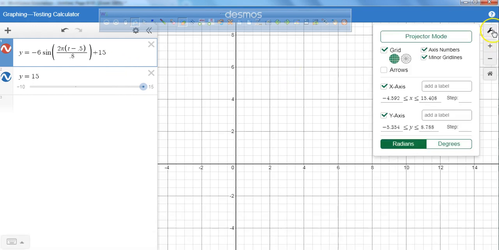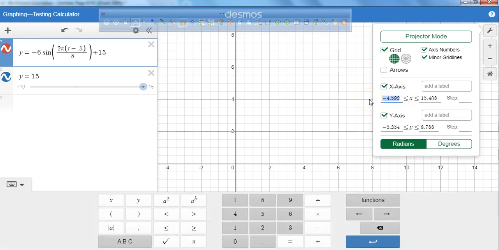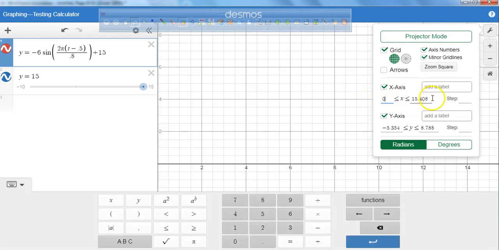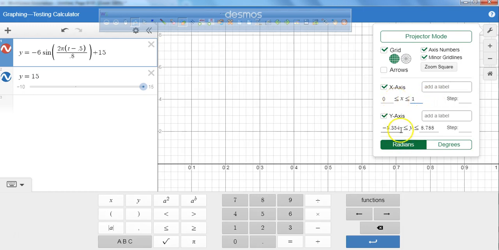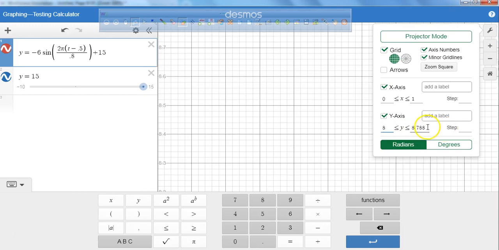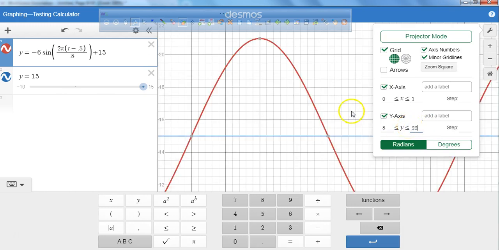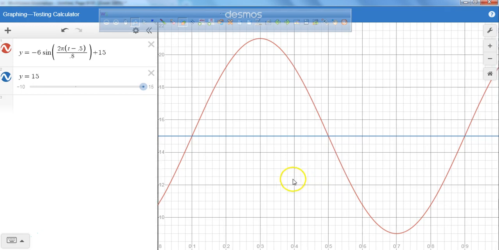Alright, and we're going to go to our graph settings, and we're going to make a reasonable graph out of it. So right now, I'm going to say our x starts at 0, and we'll go all the way over to a 1. And then our y-axis will start at 8, because that's 1 below a 9, and we'll go to 22. And we should be able to see everything nice and neat.